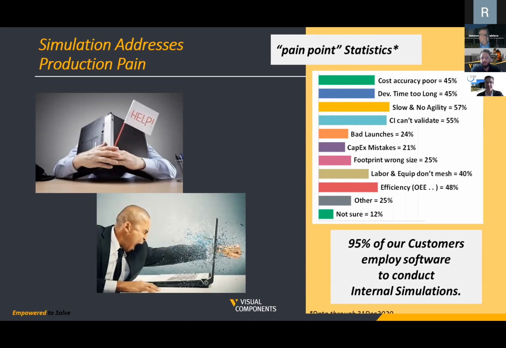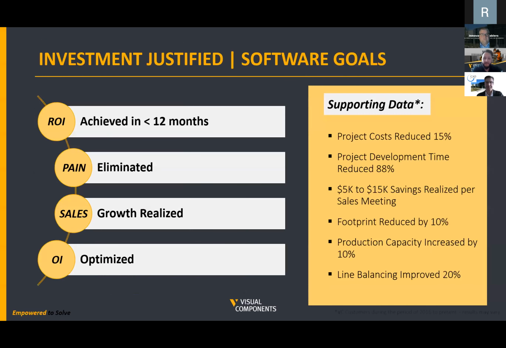We find that to be a very common issue. Most of the customers that we engage with for the purpose of simulation want to use it for internal things. They're sick and tired of consultants that don't know their world like they do, and they want to own their own process. They want to become masters of their own destiny, as it were.